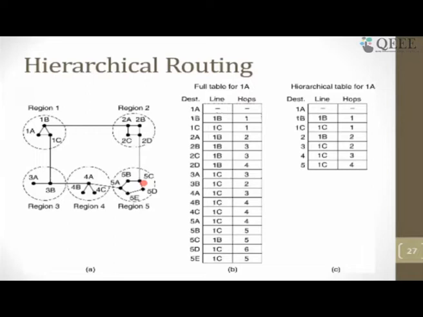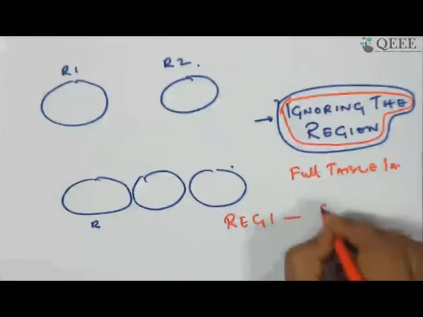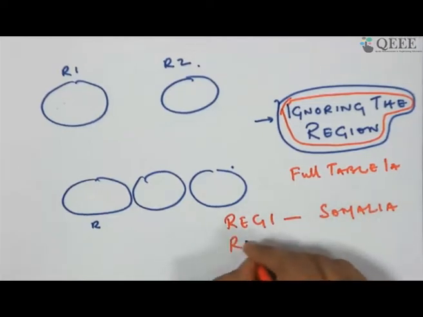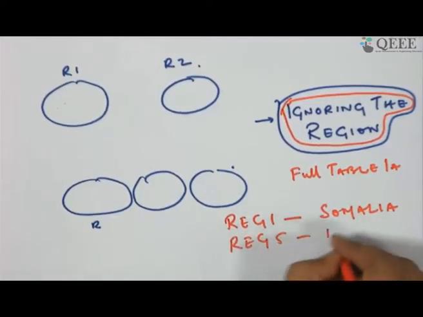For example, if these regions are countries, say region 1 is Somalia and region 5 is India.